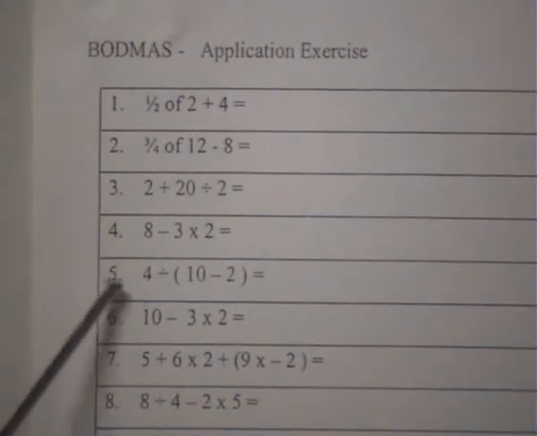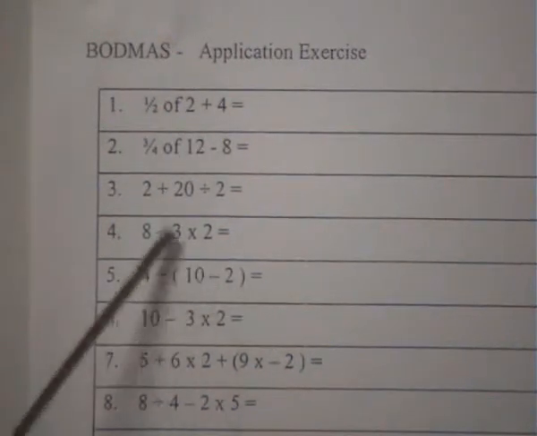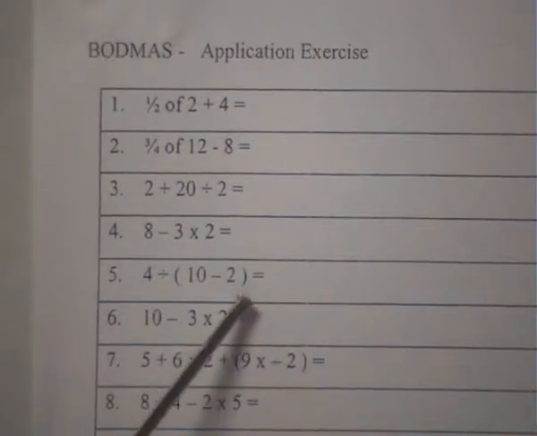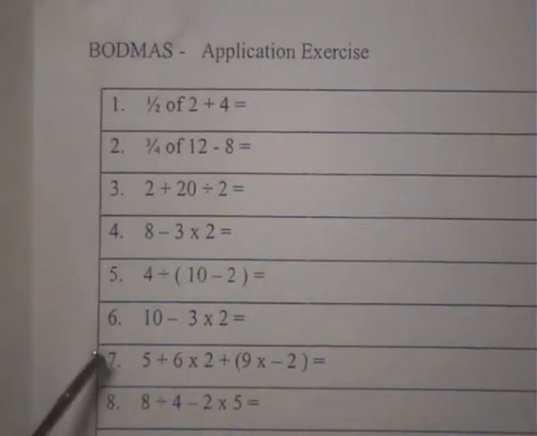Number 5, 4 divided by open bracket 10 minus 2 close bracket. Number 6, 10 minus 3 times 2. And number 7, 5 plus 6 times 2 plus 9 times minus 2.